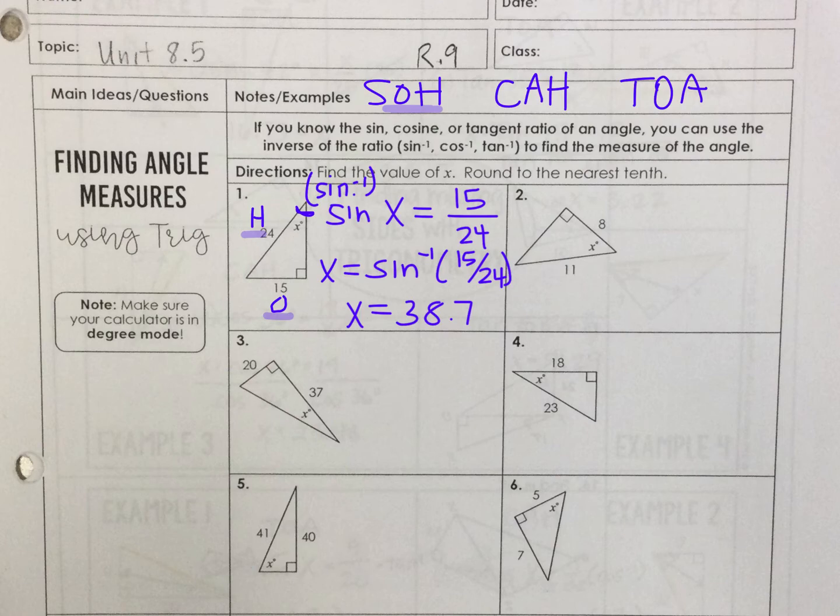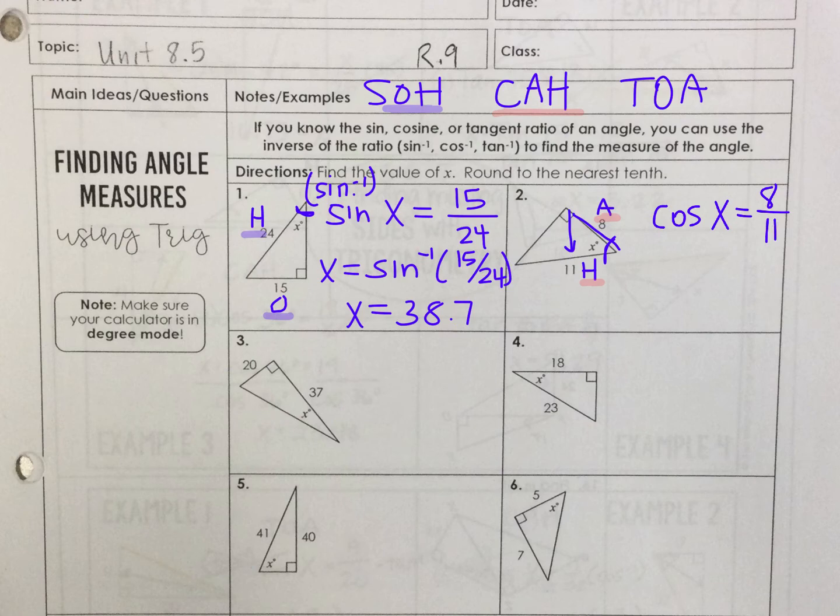All right, let's set this number 2 up. Here's the angle I'm dealing with. This I can tell is my hypotenuse because it's across from the right angle. That one is my adjacent because it is touching the x part. So if I have an A and an H, I know I'm going to be dealing with cosine. So the cosine of x, because I don't know what x is, equals A over H, 8 over 11.